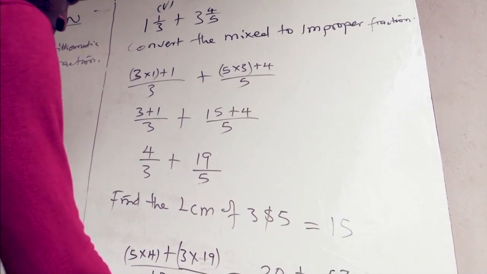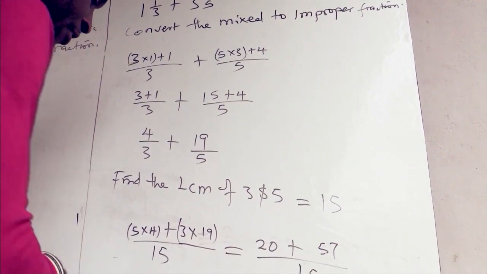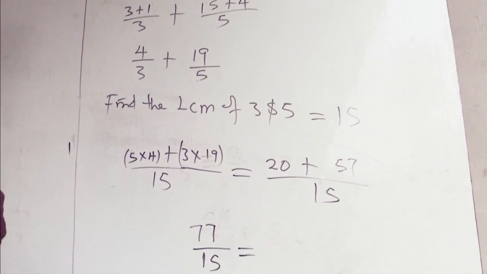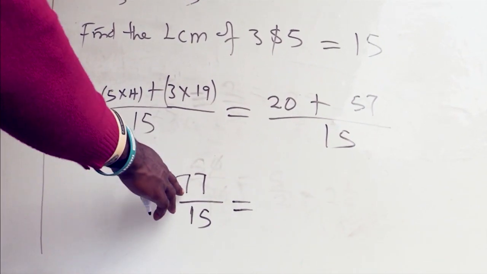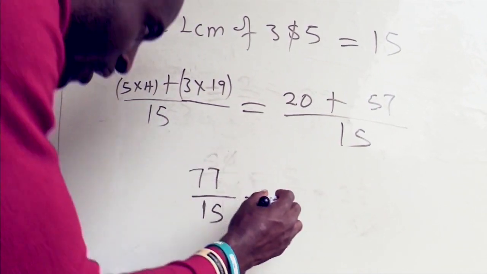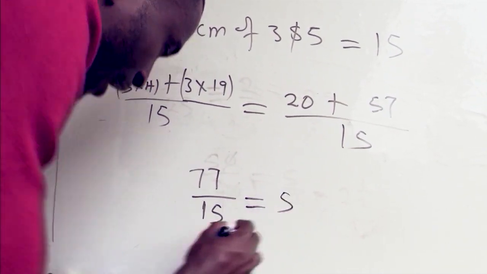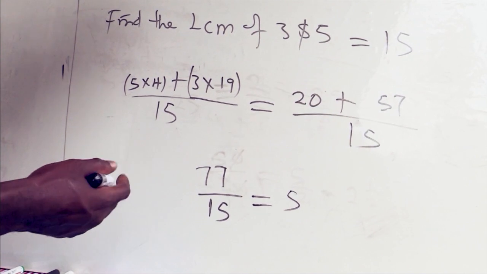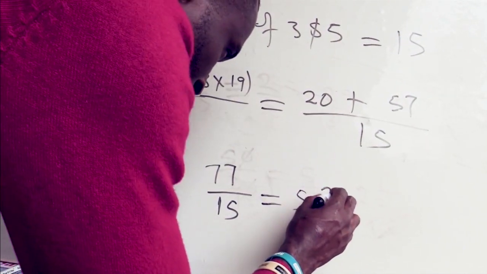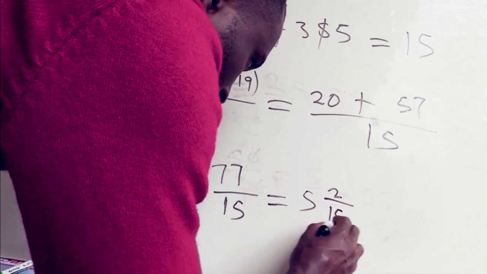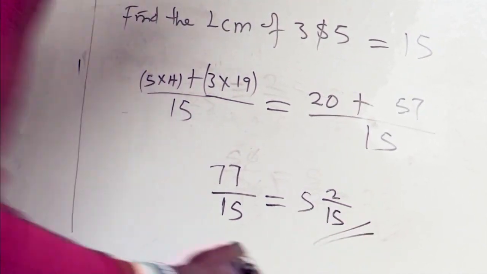Meaning how many 15s do we have in 77? It will be 5. 15 can go into 77 five times, and when that happens, it will still remain only 2. So 2 remainder all over your 15. So as a mixed fraction, which is your final answer.